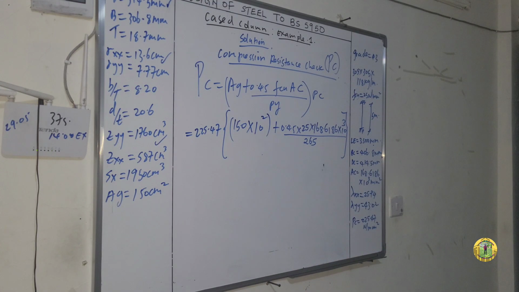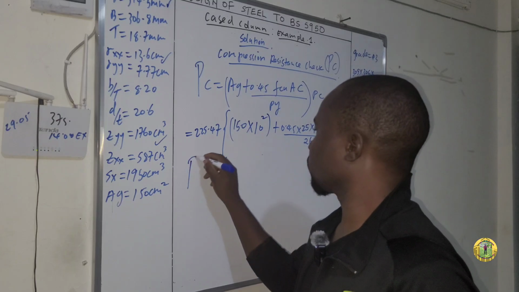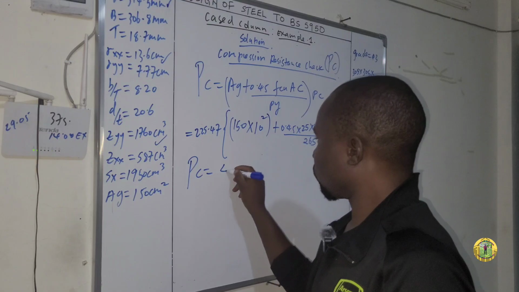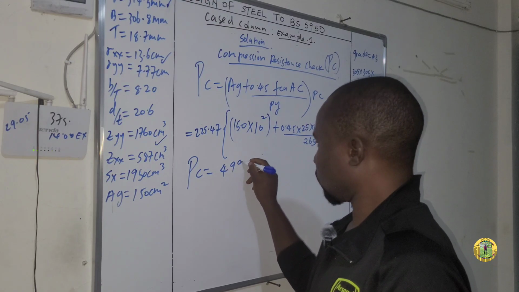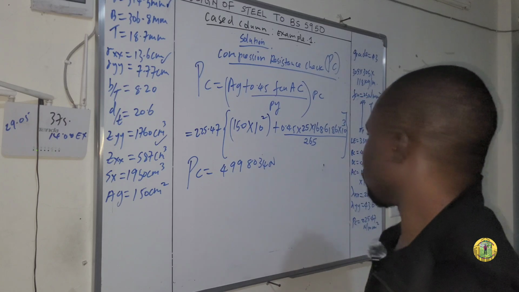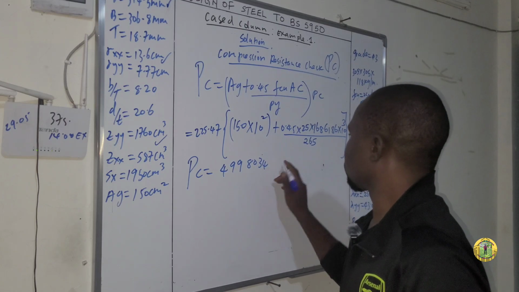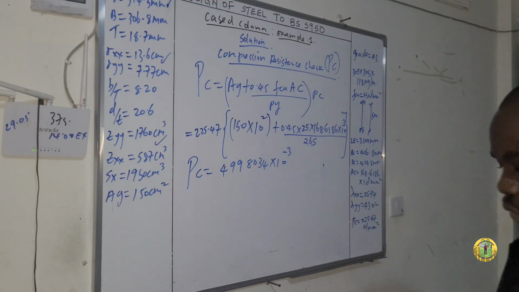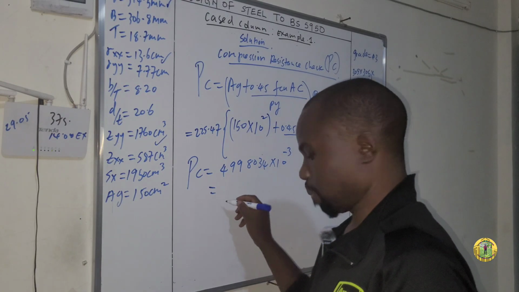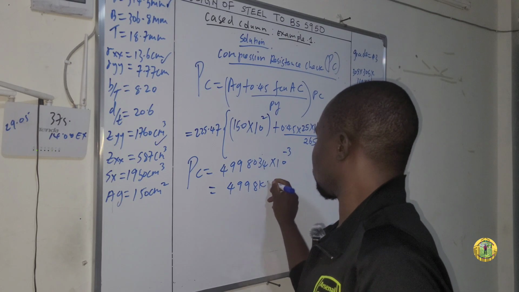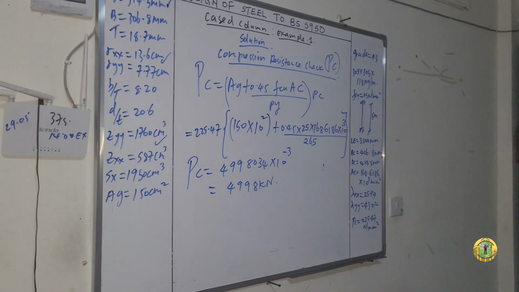So our PC, our compression resistance, is equal to 49,934 Newton. So you will multiply by 10 to power of negative 3 to change it from Newton to kilonewton. So this one will be 49.98 kilonewton.